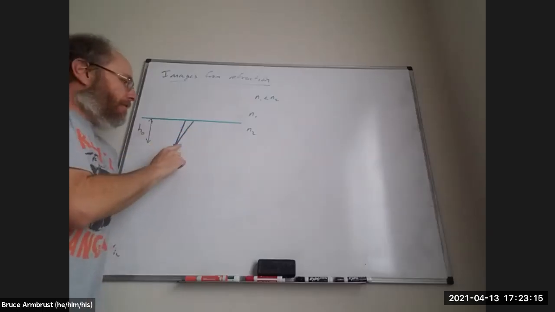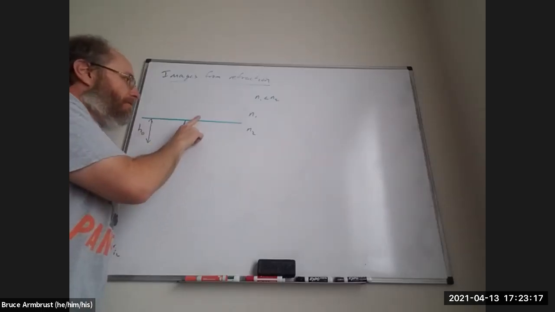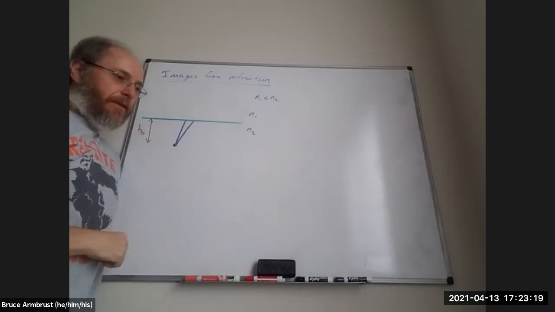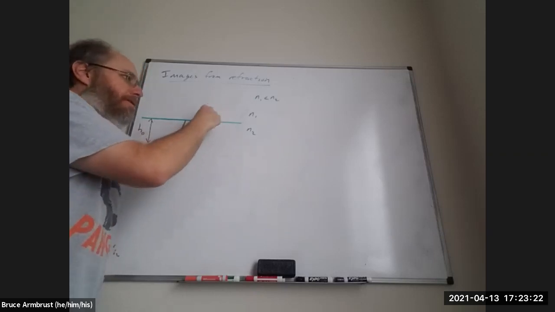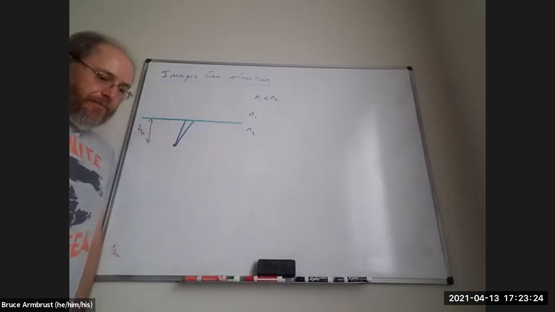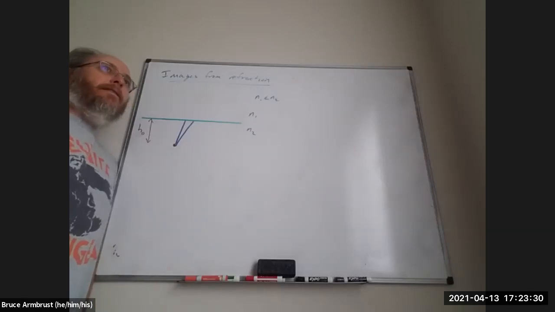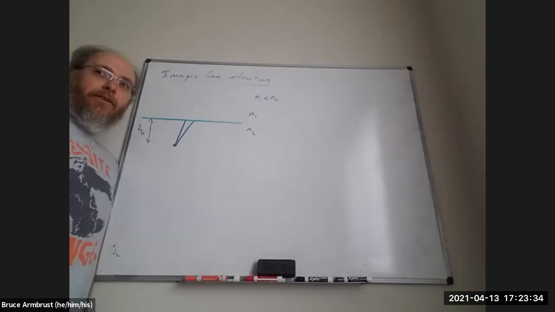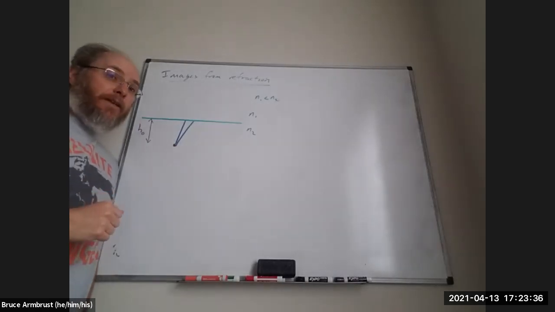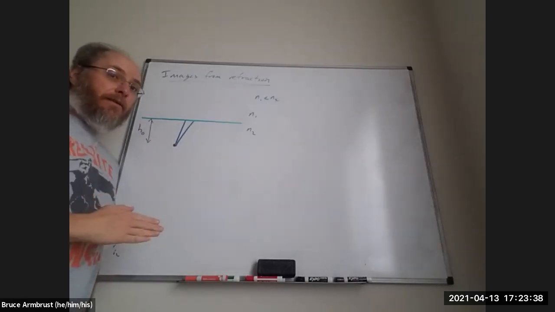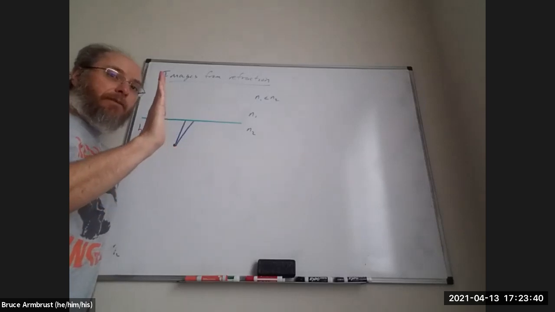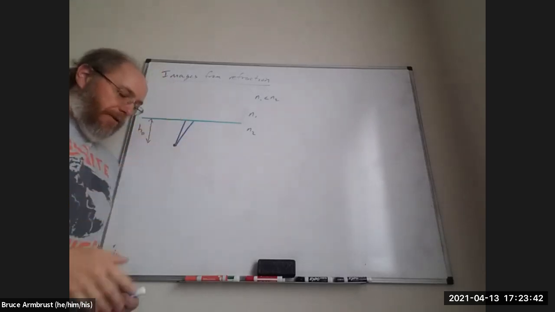Yeah, the light rays are going from N2 to N1, so they're going from bigger N to smaller N. So what does Snell's law say about the angle then? It's going to be larger. Okay, it's got to be a larger angle, and those angles are relative to perpendicular, right? So it has to be bigger, away from perpendicular.